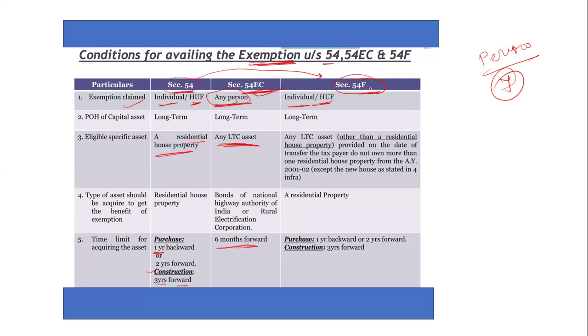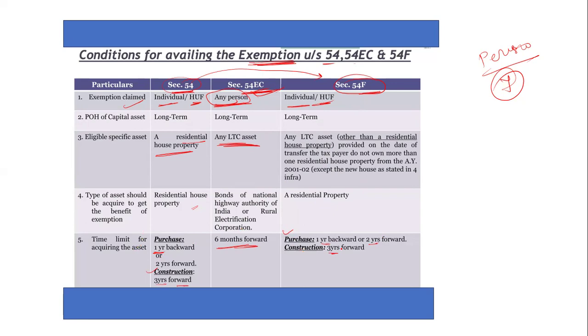Now, section 54F is for residential property, not just house property as in section 54, but any residential property. In case of purchase, 1 year backward and 2 years forward, the same time limit as given in section 54, and construction is 3 years forward.